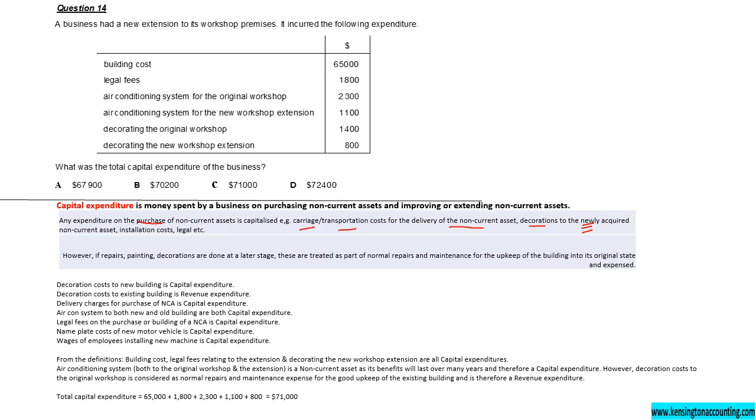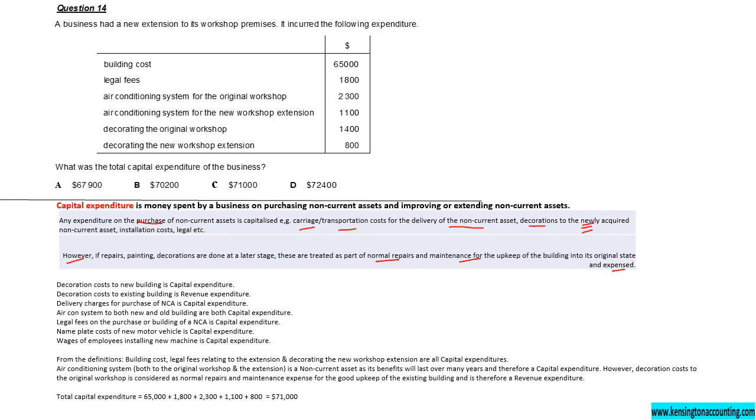However, repairs, painting, decorations which are done at a later stage for an old building are considered as normal repairs and maintenance, and therefore are treated as a revenue expenditure, and it is expensed. Okay, therefore, here we have a summary.